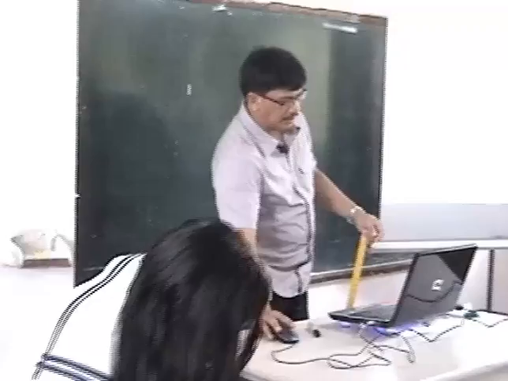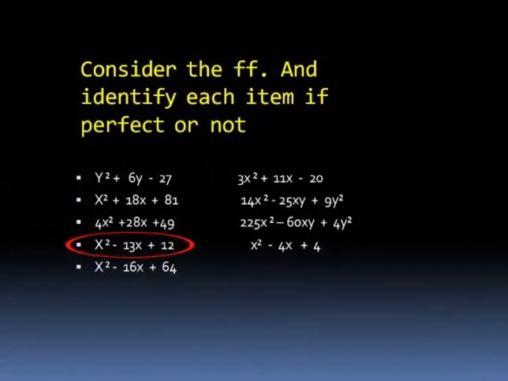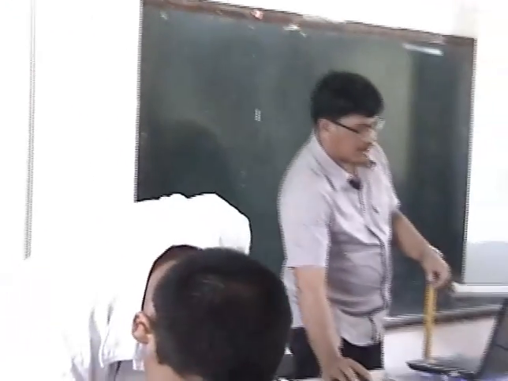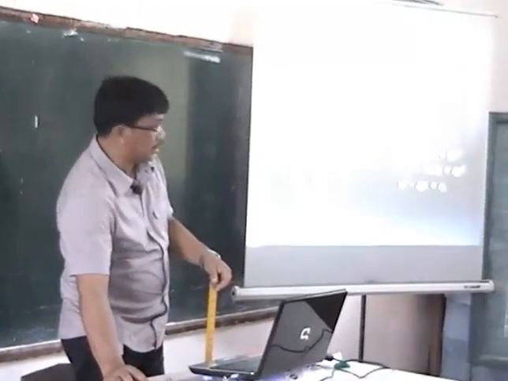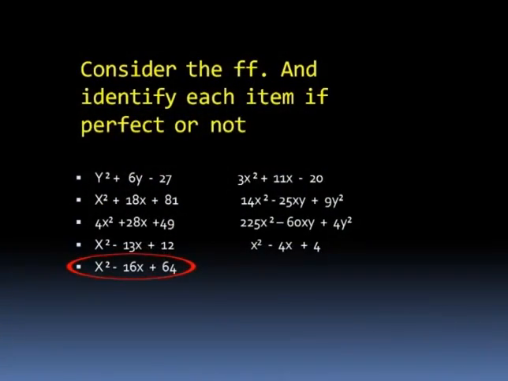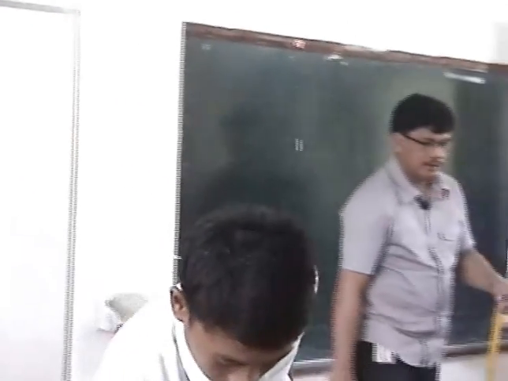Okay. The next one? x squared minus 13x plus 12 is not a perfect square. Okay. The next one. Let us try this one. Yes, Mr. Pino. x squared minus 16x plus 64 is a perfect square. Very good.